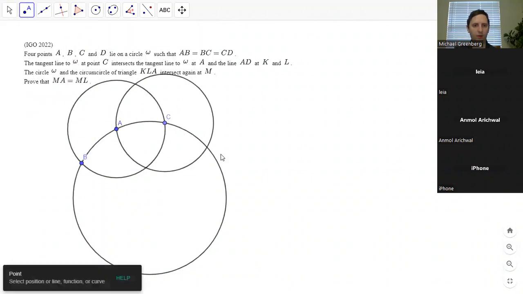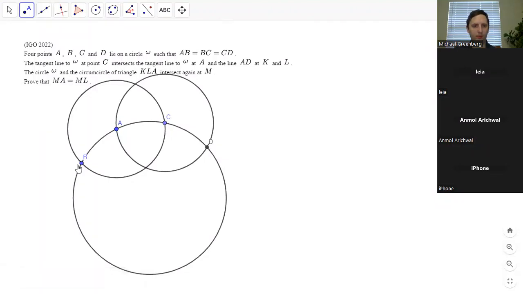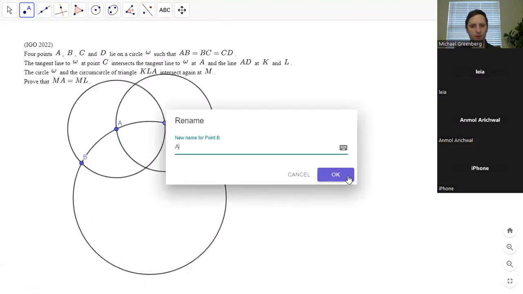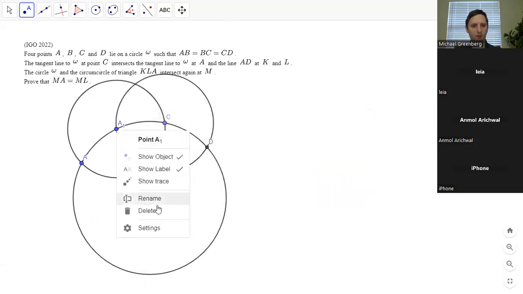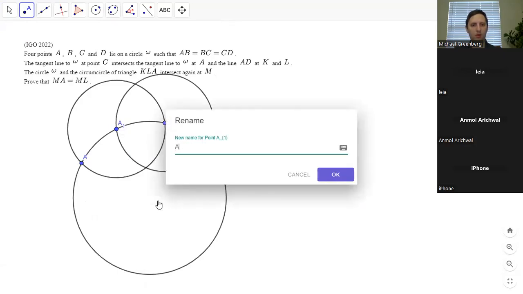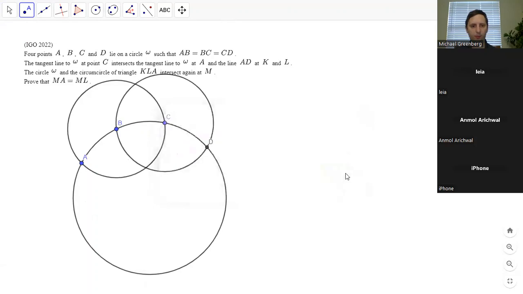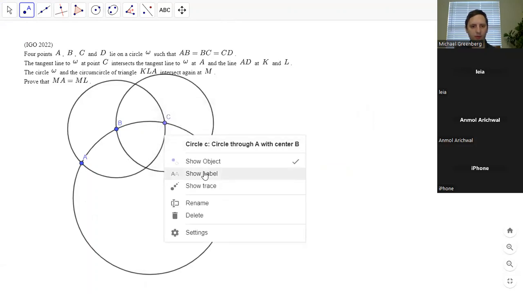All right, so we'll make this A, B. All right, so AB equals BC equals CD.